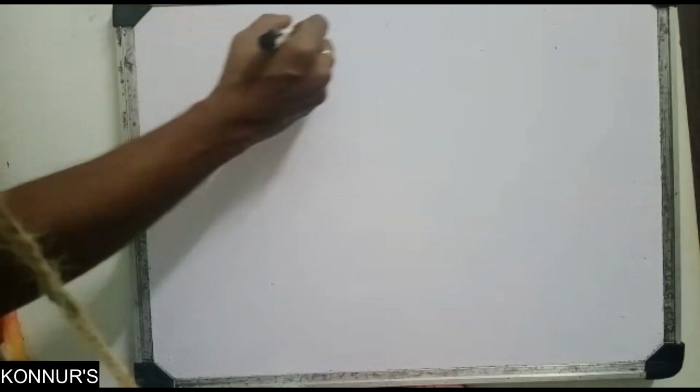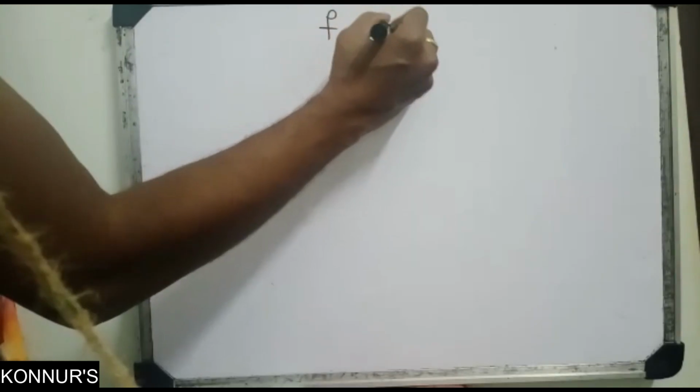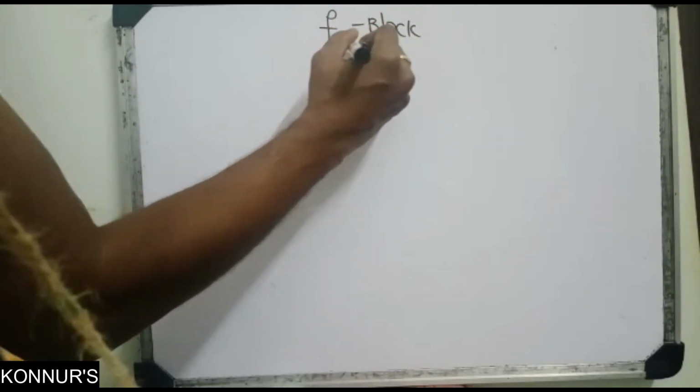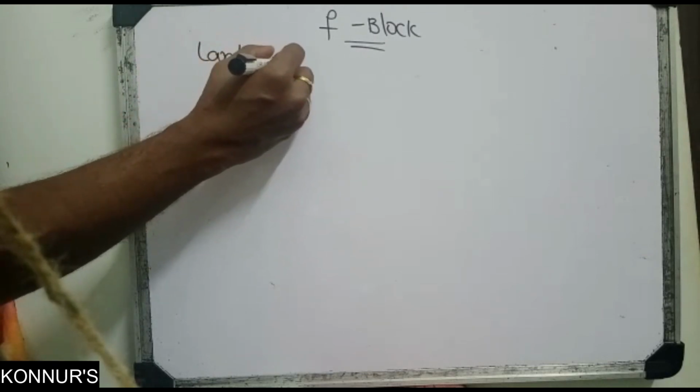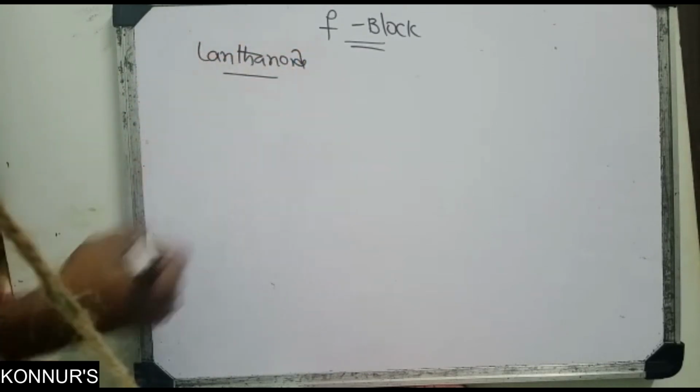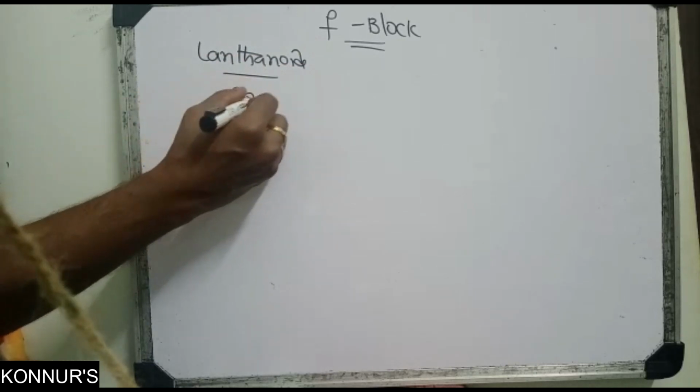So next we will discuss about F block. So F block elements, what are they? Lanthanides. So lanthanides are what?